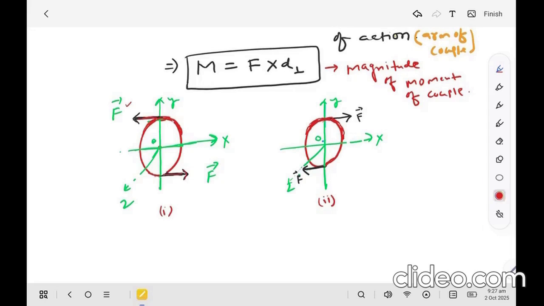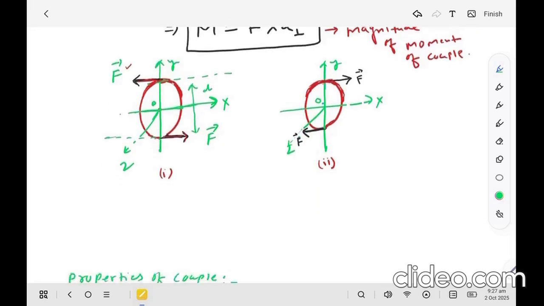If I extend the line of action, the line of action of this force is here, and the line of action of this force is here, and the distance between the lines of action of the forces is, let's say, d. Then the moment of the couple in case 1 is F into d.